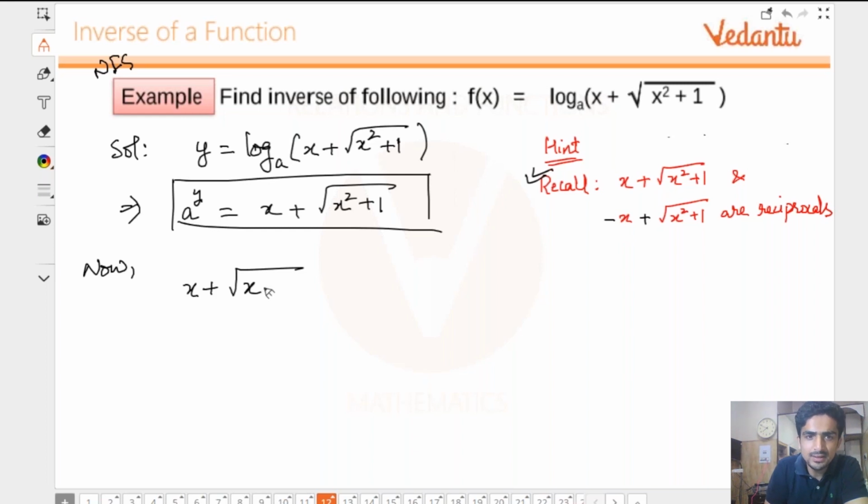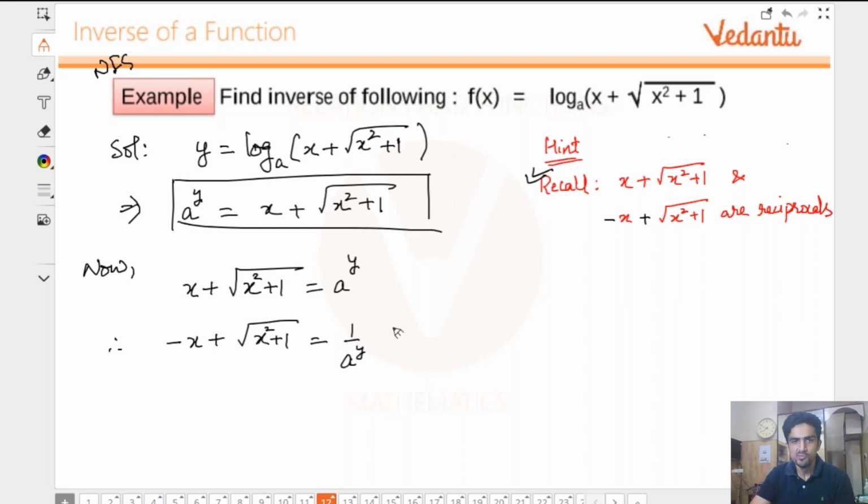So x plus this is a to the power y, then clearly what will be minus x plus this? Being reciprocal of this, it should be 1 by a to the power y. Any doubt in this statement? Simple. These two are reciprocal, so if one is a to the power y, the other must be 1 by a to the power y.